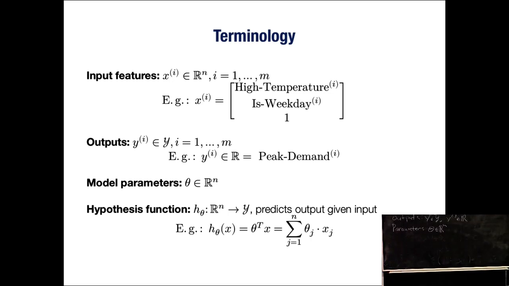Okay, so next we have hypothesis functions, which is essentially just a mapping from inputs to outputs. I'm going to write this as h sub theta, which maps from R^n to Y. So this is a function that takes input features as its inputs, and outputs some value in our output space.